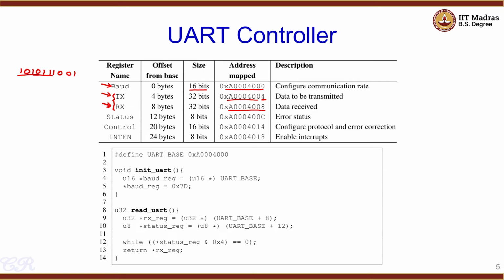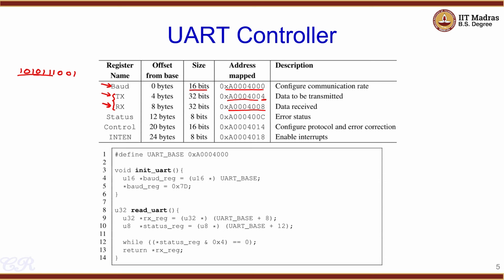What the CPU needs to do is load this address, 0xA0004008, on the address lines in the system bus, and this would be a request to the UART controller to send the data which is present in the RX register. So, any data stored in the RX register would now be put on the system bus and transmitted to the CPU.